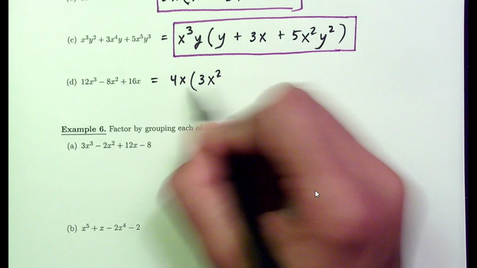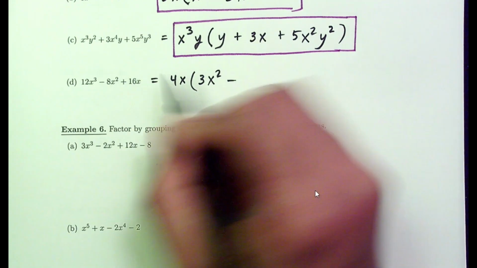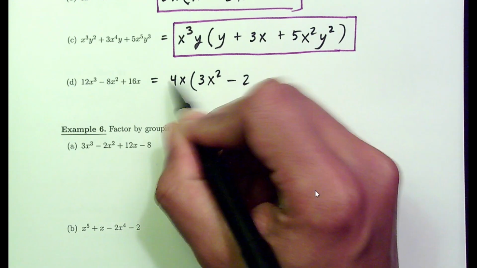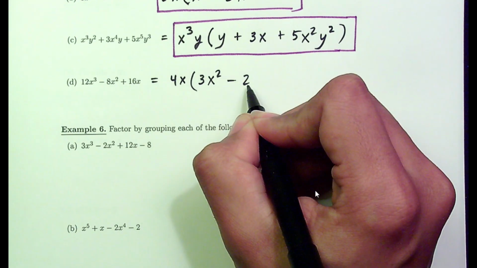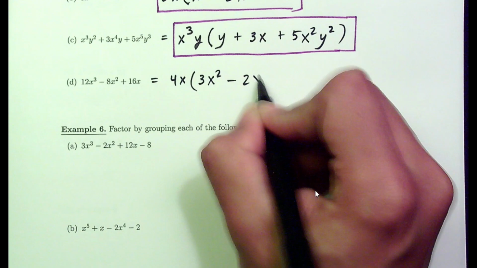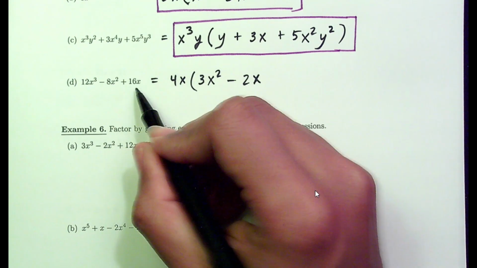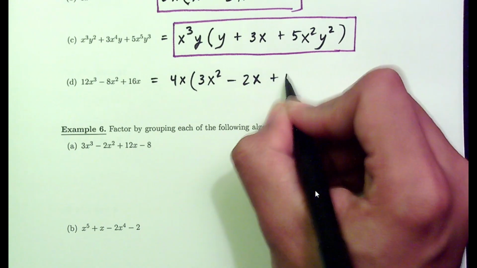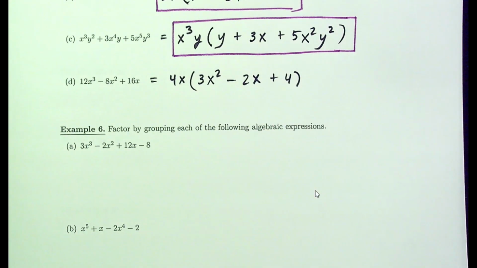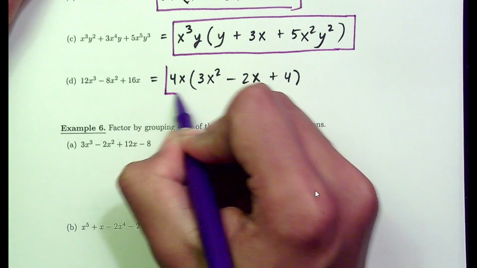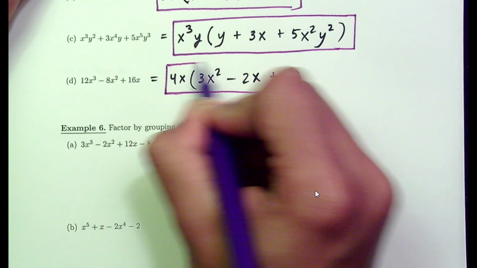Then to get the minus 8, I need 2: 4x times 2 is 8, and then I need one more x to get x squared. And then lastly, to get 16x, I need 4. That gives me 16x. Okay, and that is the end. We finished factoring out the GCF.